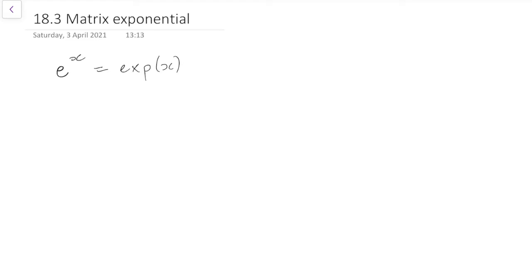You should probably remember that it's defined by a Taylor series, which is the sum from n equals 0 to infinity of x to the n over n factorial. So to write out the first few terms, x to the 0 is 1, and then it's plus x, plus x squared over 2 factorial, which is 2, 3 factorial is 6, and so on.